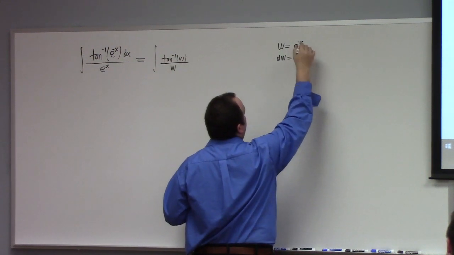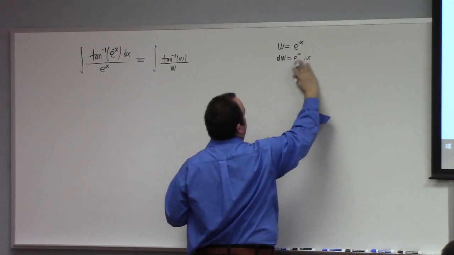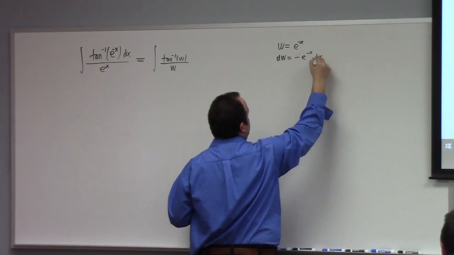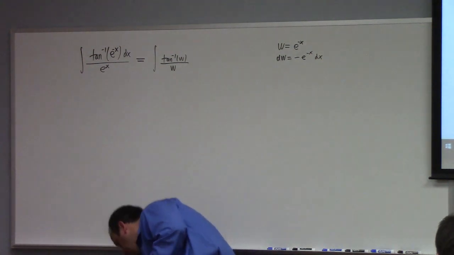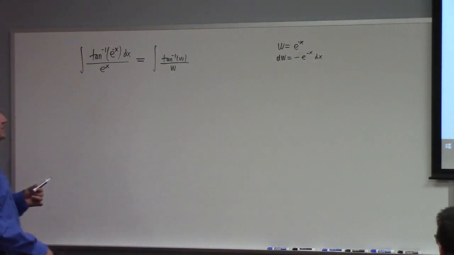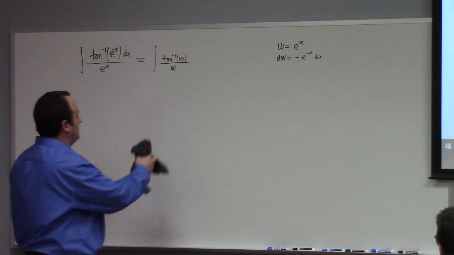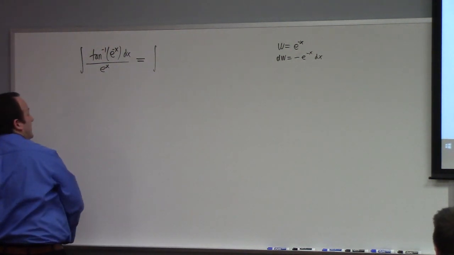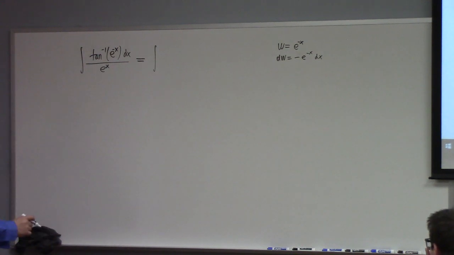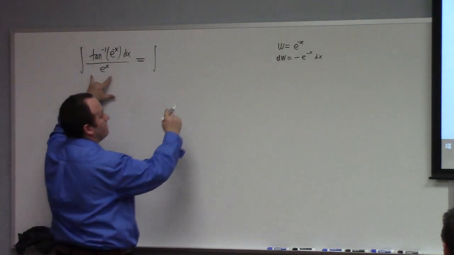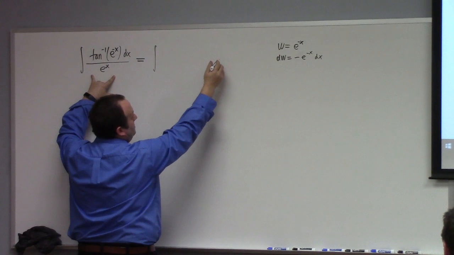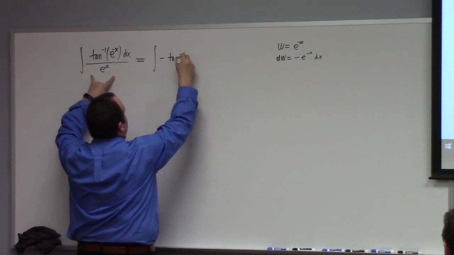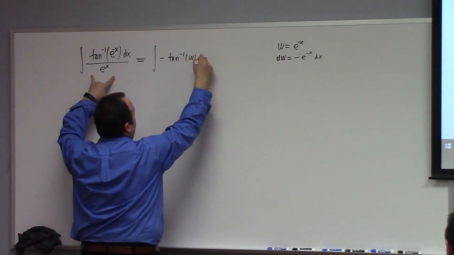Let's work that problem. Then this is e to the minus x, minus e to the minus x dx. And what happens? I think if I put a minus there, this problem becomes reasonable, because then it's minus inverse tangent of w dw.